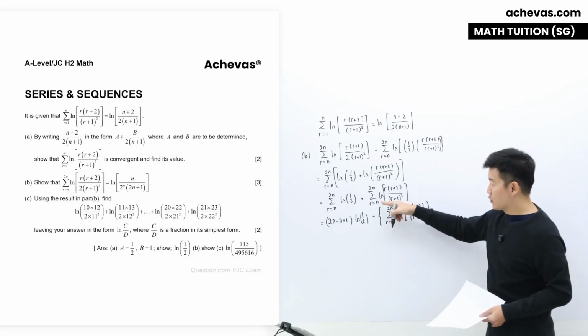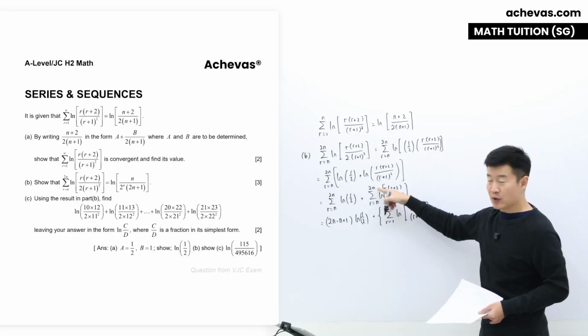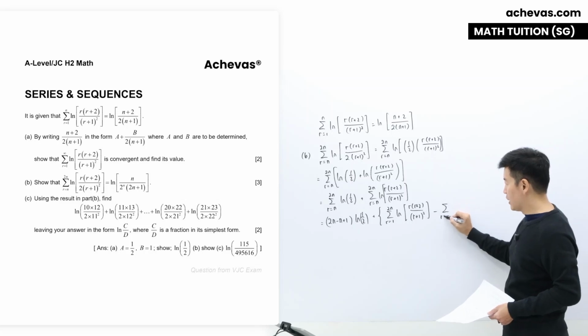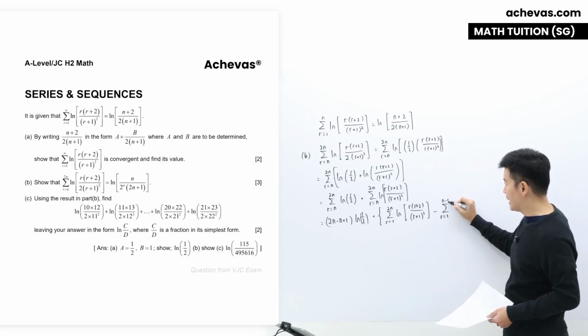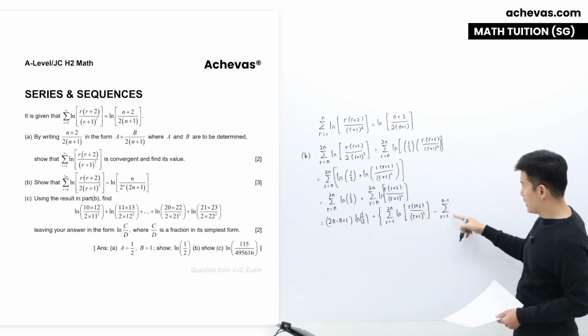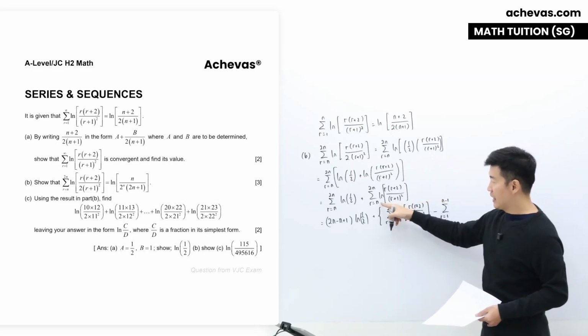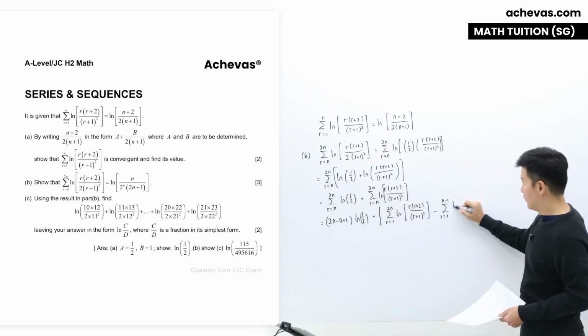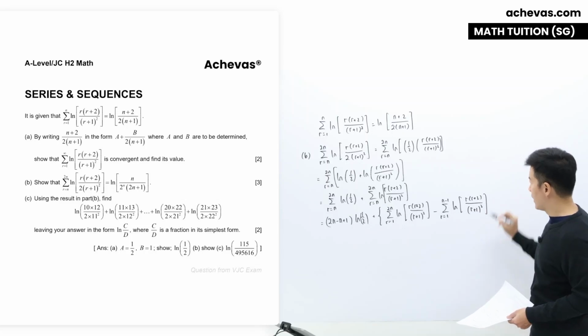So in order for us to get only n until 2n, we are going to minus away from the first term all the way until the n minus 1 term. So 1 to 2n minus away 1 to n minus 1 will get us n all the way until 2n of ln of r plus 2 over r plus 1 squared.